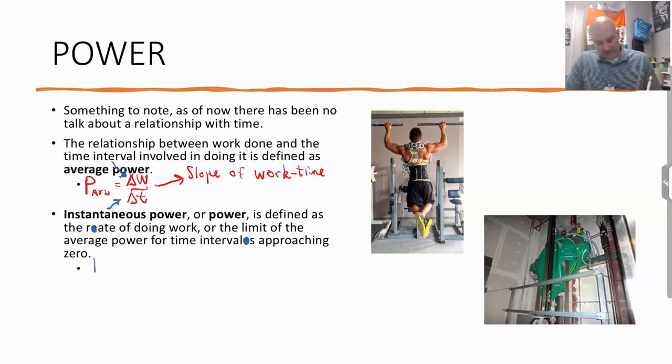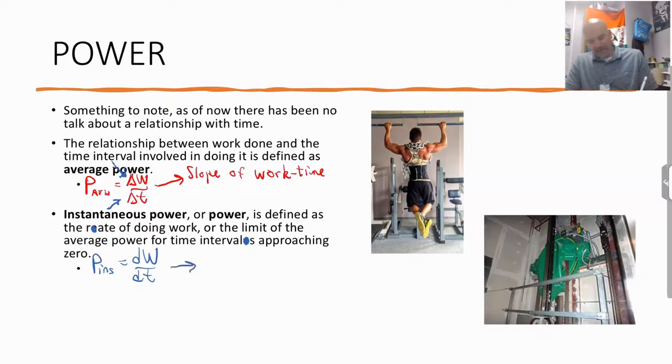And so this now looks more like calculus. It would be simply dW/dt. An easy way to distinguish the two: if you're given work as a function of time and you have to find power, that's probably going to be instantaneous. If you're just given that work is done by this force, it's probably going to be an average.